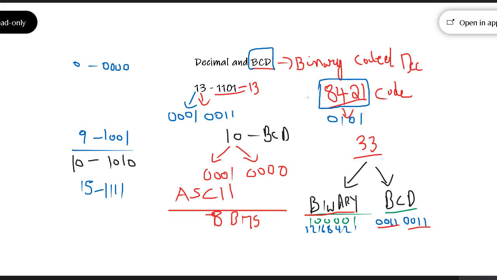Okay, BCD is simply the 4-bit representation of the decimal digit. Now what happens when you're adding, consider you're performing a BCD addition operation. Can you see the whiteboard?